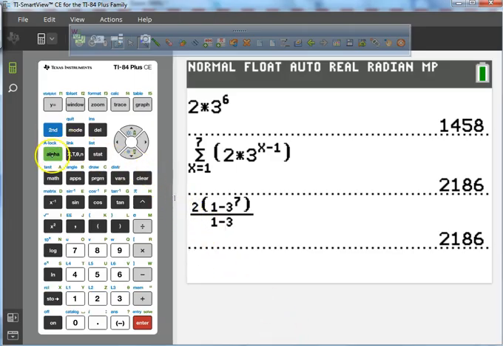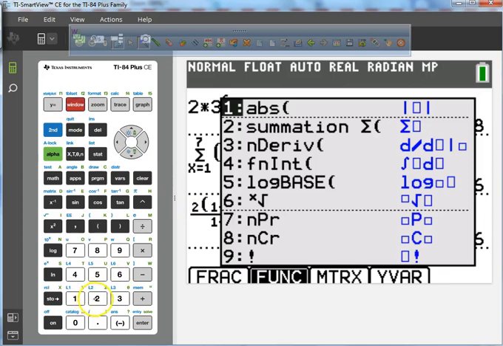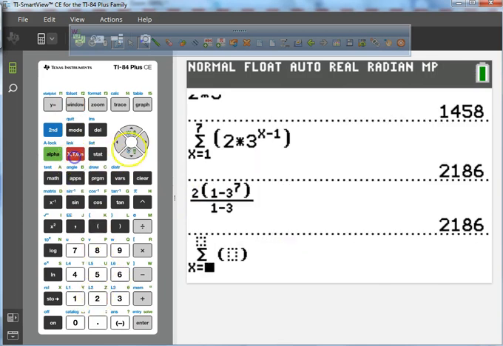Alright, so I'm going to hit alpha window, number 2. X equals 1, so 14 there, 1 here. And we started at what number?